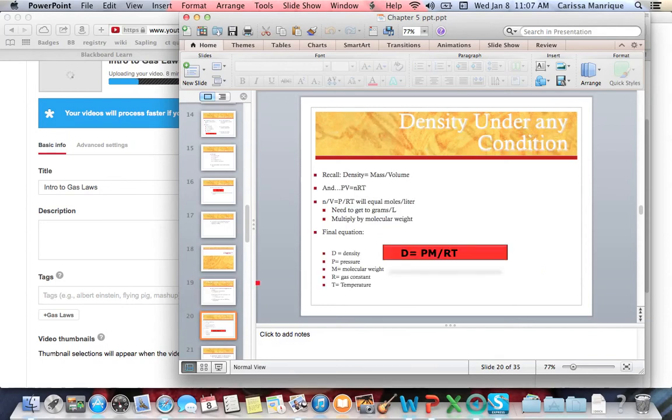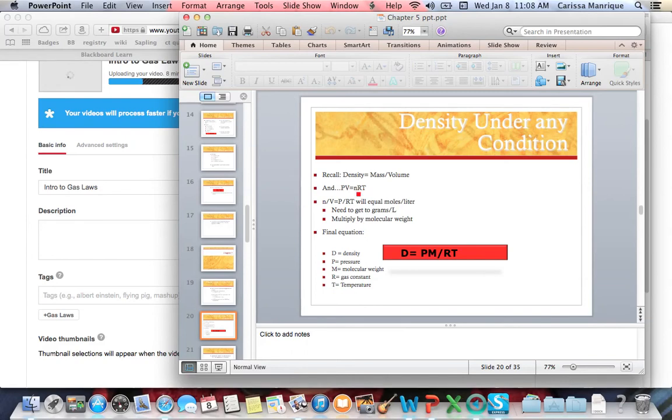Also, if you have a density problem, remember density is moles. No, sorry, I'm thinking of molarity. Density is grams per milliliter typically. And so we can use PV equals nRT, and we want grams per liter.